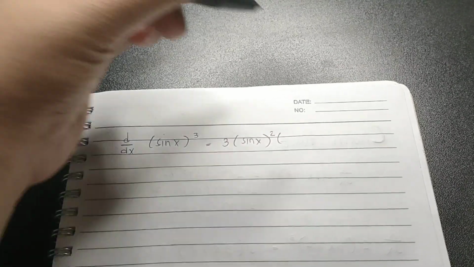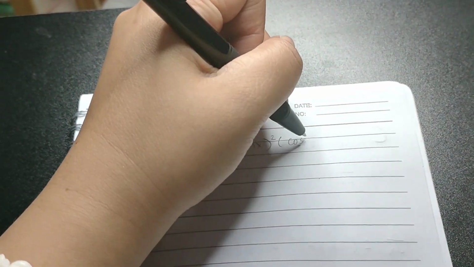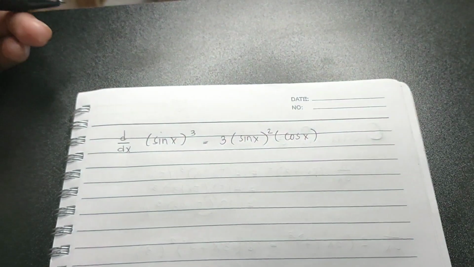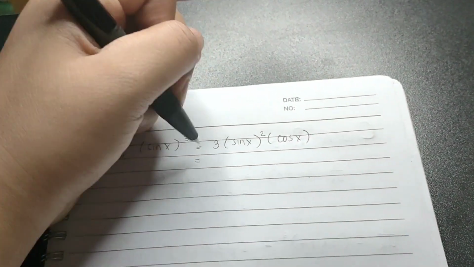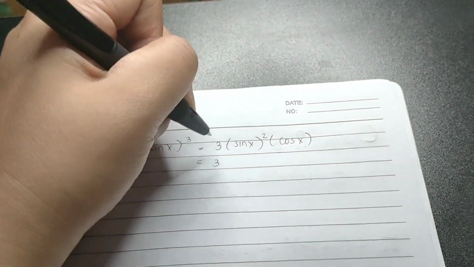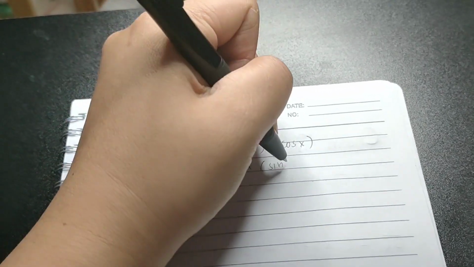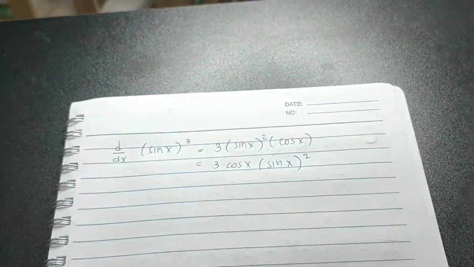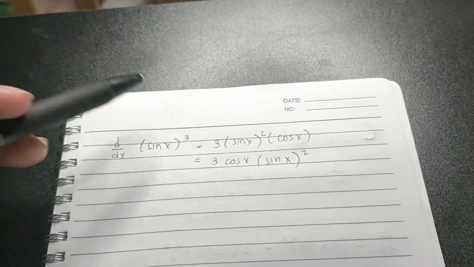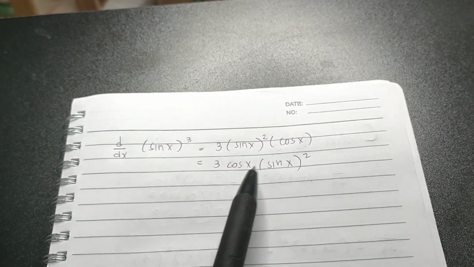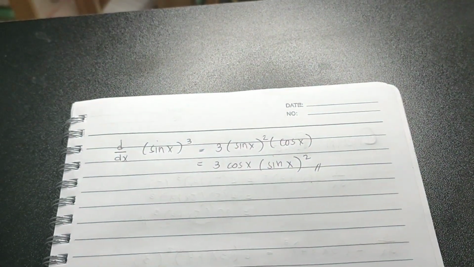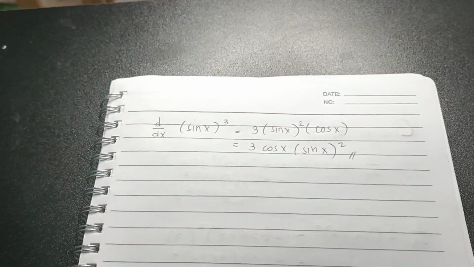Derivative ni sin x ay cosine x. So, ang final answer natin, pwede natin ilagay na 3 cosine x tapos sine x raised to 2. Or pwede rin namang 3 cosine x tapos sine squared x. Pwede rin namang ganun. Or pwede rin namang ganyan na lang. Para katulad ng mga nauna.